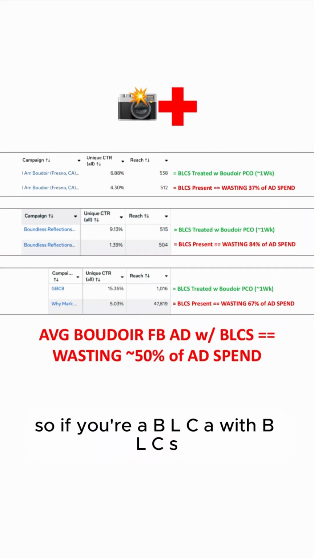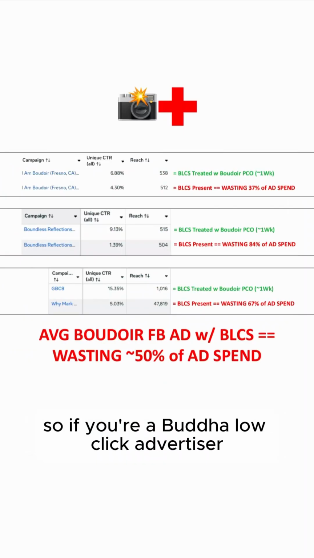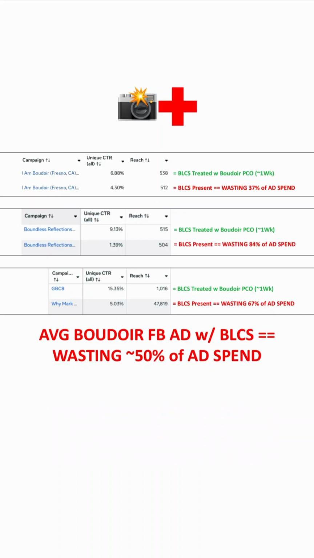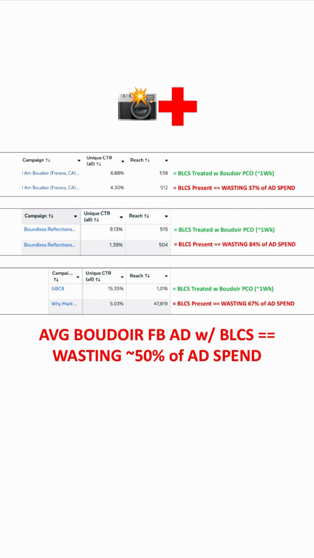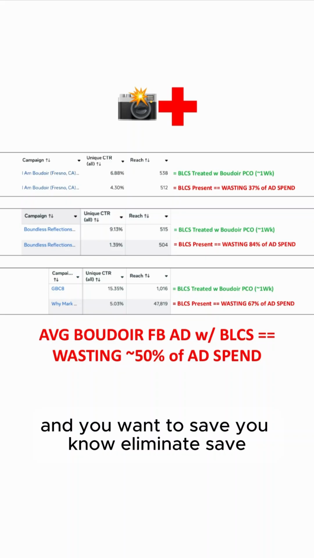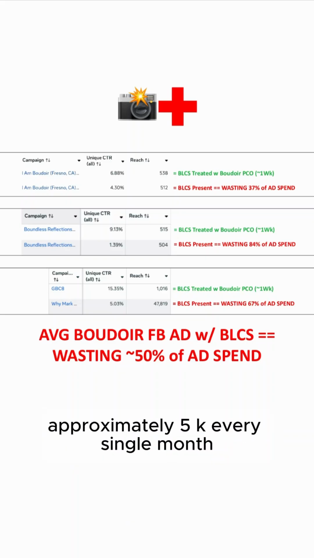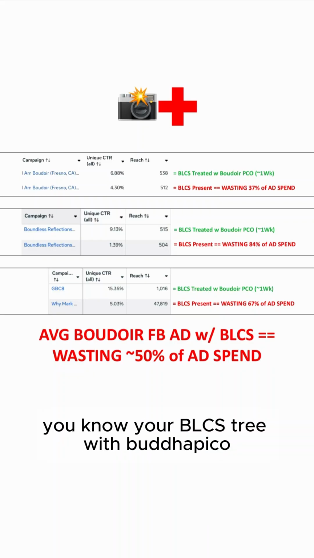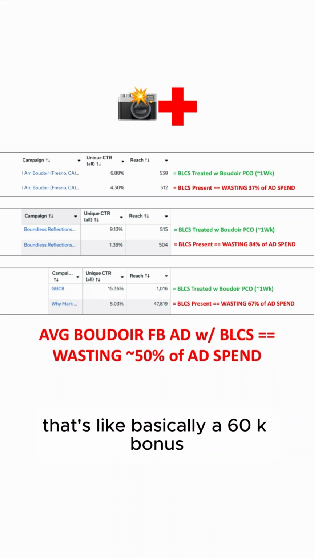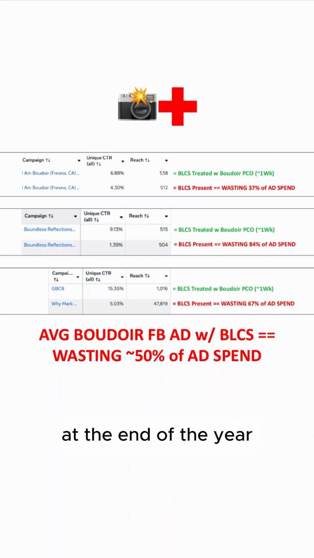So if you're a BLCA with BLCS, so if you're a boudoir low-click advertiser with boudoir low click syndrome, and you're spending more than 10 grand a month on boudoir Facebook ads, and you want to eliminate, save, put back in your pocket approximately 5K every single month, basically like a phantom bonus, by treating your BLCS with Boudoir PCO, that's like basically a 60K bonus at the end of the year.